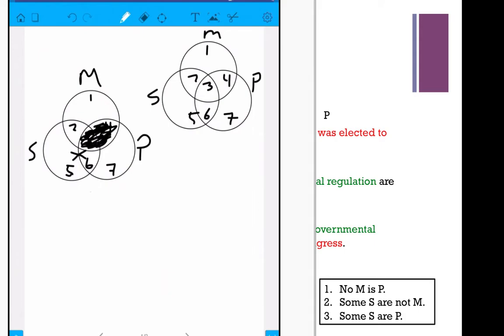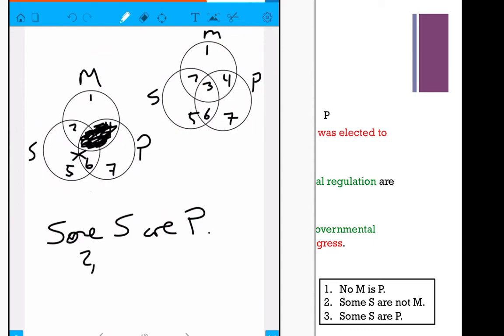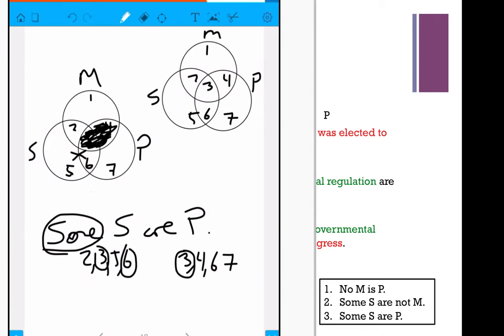And our conclusion says some S are P. And just like before, S is 2, 3, 5, and 6. We identify the regions 2, 3, 5, and 6. And P is 3, 4, 6, and 7. We know we're using an X because of the word some, so we identify the regions of overlap, which is going to be 3 and 6.